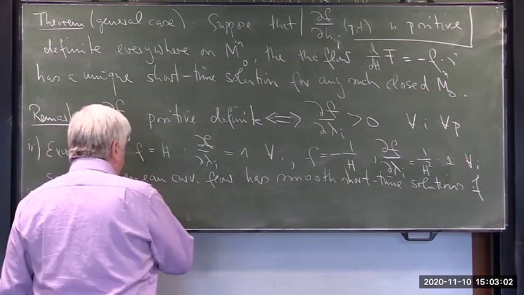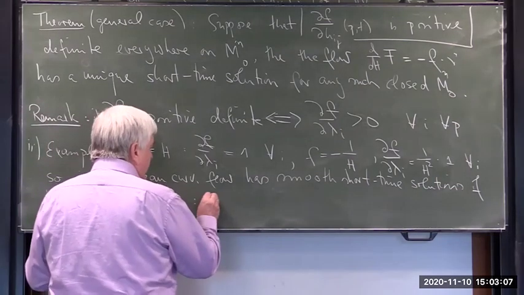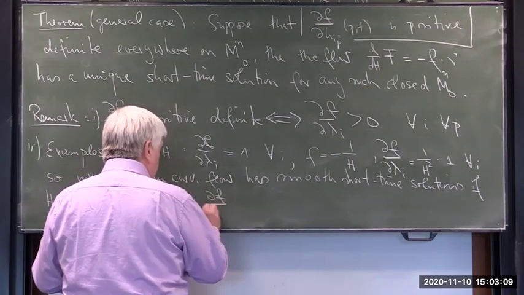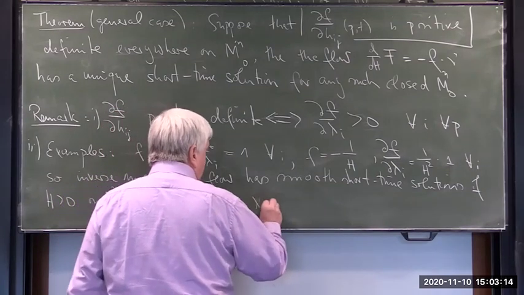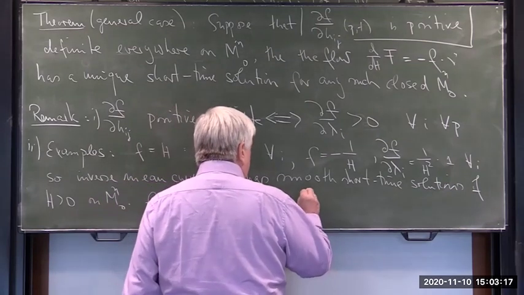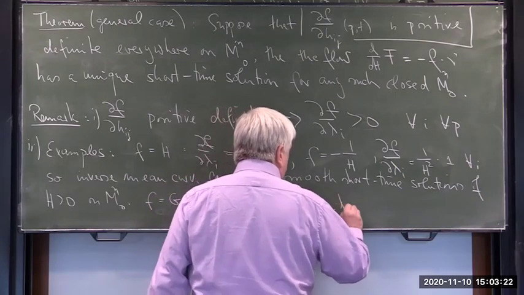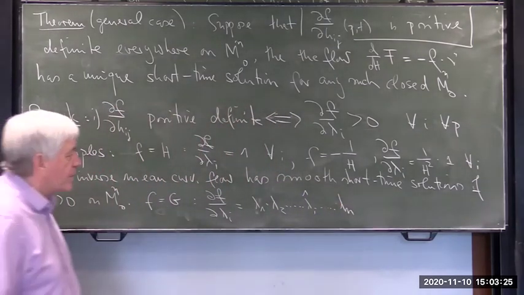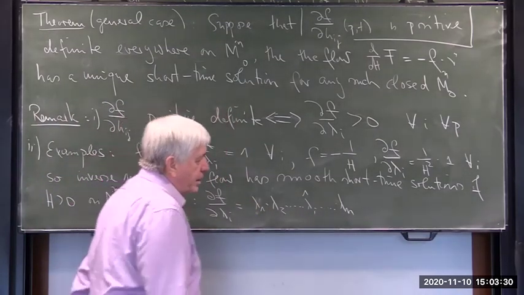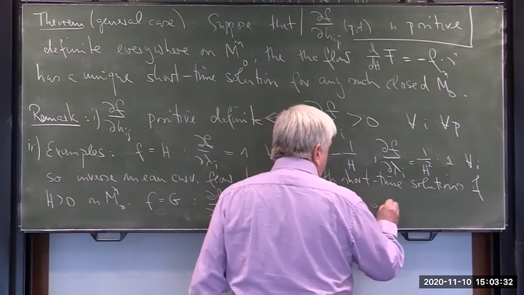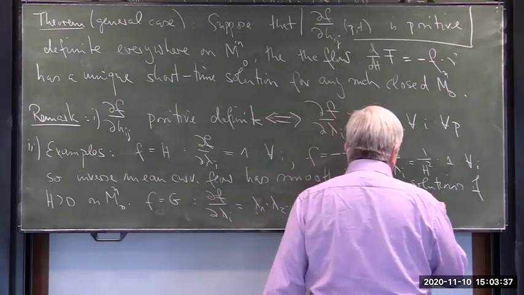If you take f to be the Gauss curvature, then you get that df/d lambda_i is equal to lambda_1, lambda_2, and so on, and then you skip the lambda_i, up to lambda_n. So this one is taken out. So this is positive if, for example, the initial hypersurface is convex.